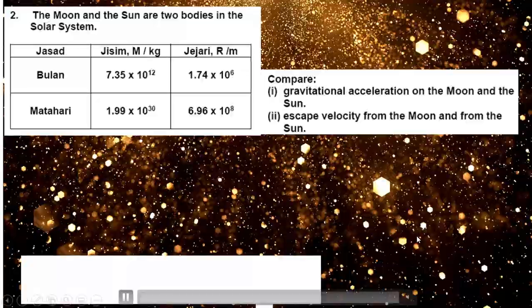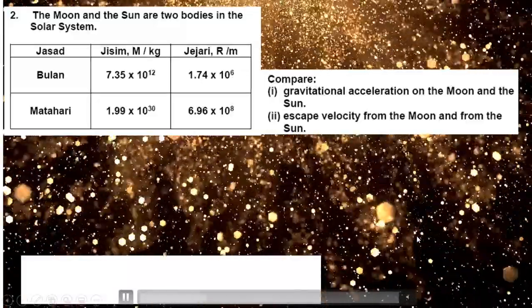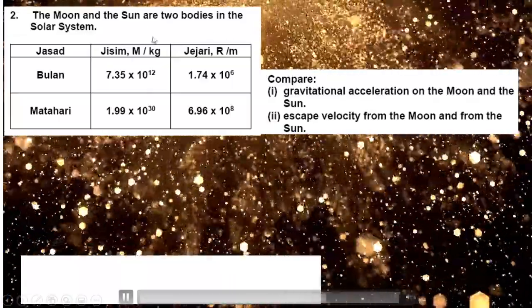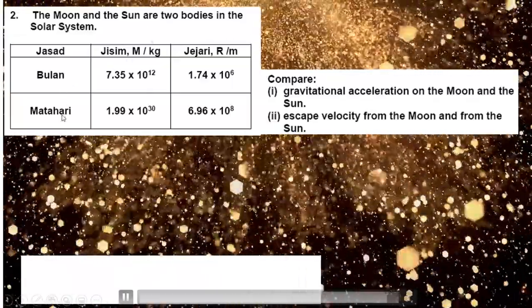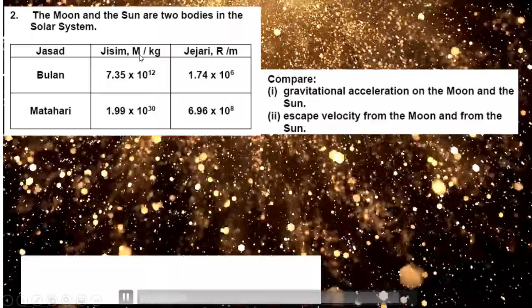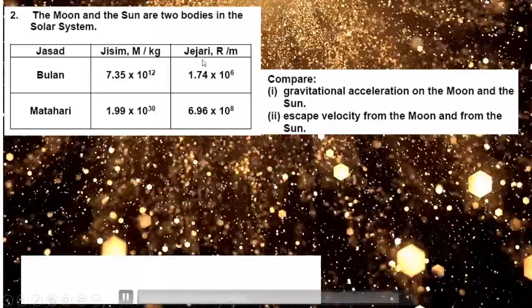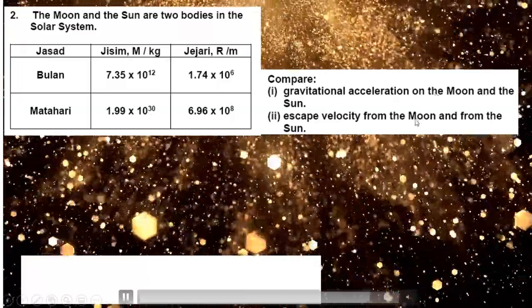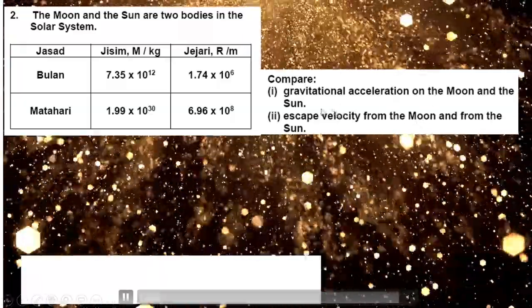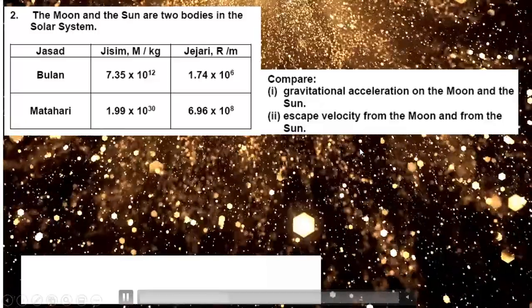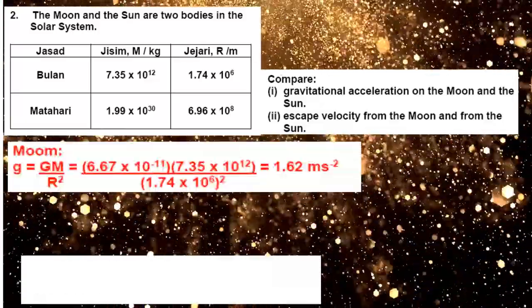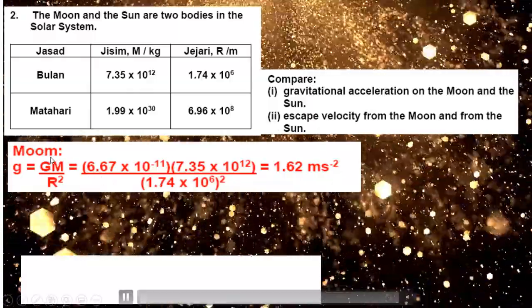So next, we have one question. The moon and the sun are two bodies in the solar system. Given the mass and also the radius, we have to calculate the gravitational acceleration on the moon and the sun. First we calculate the gravitational acceleration g. I think we did this in topic 3.1, so we do it again.